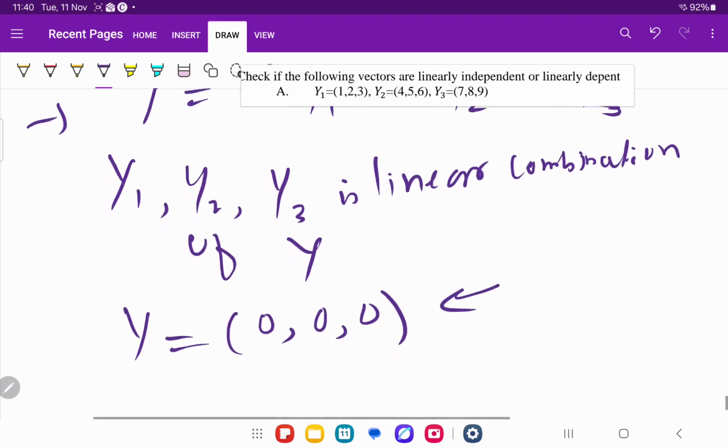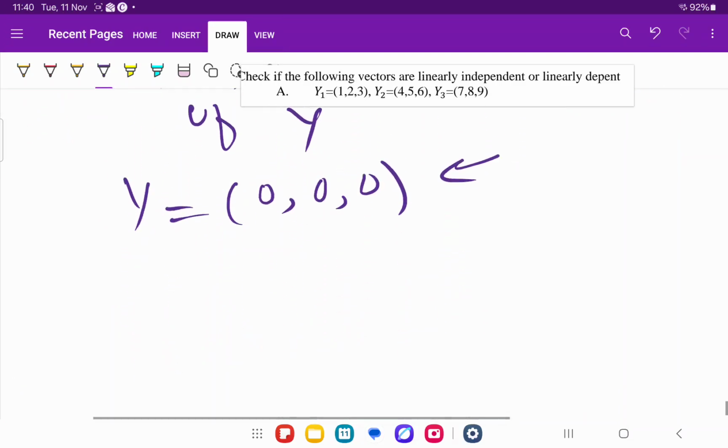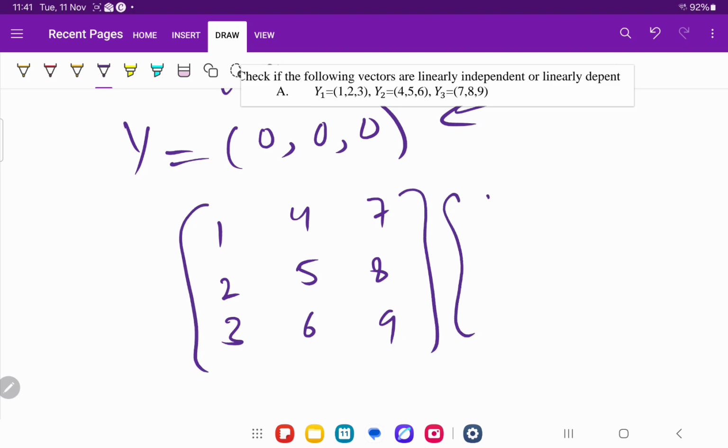It means that when you are generating your matrix, y1 y2 y3 will be written in terms of columns: 1 2 3 first column, 4 5 6 second column, 7 8 9 third column. So we have written in columns, c1 c2 c3, 0 0 0.